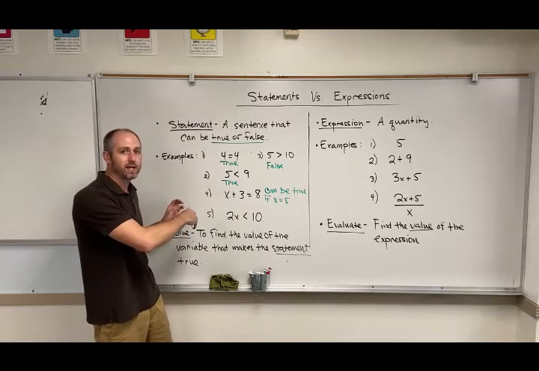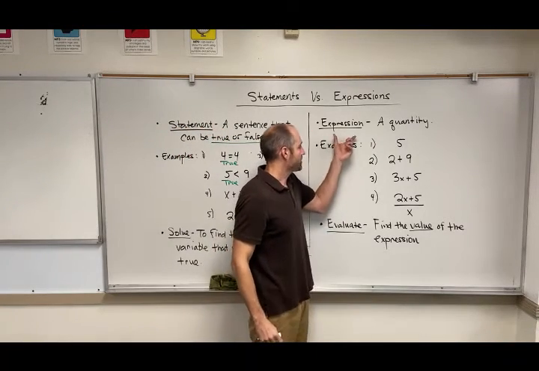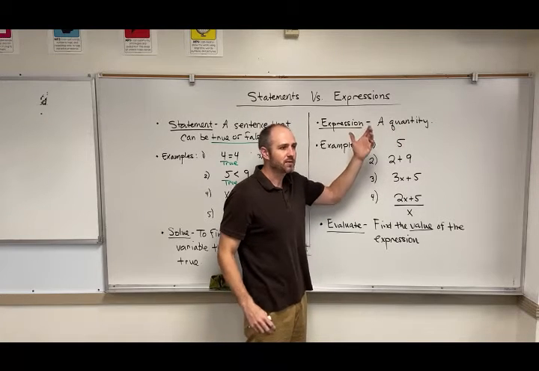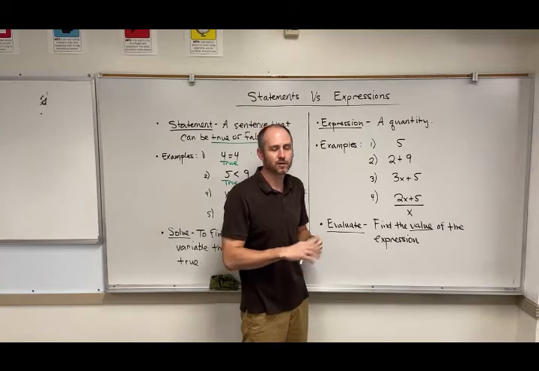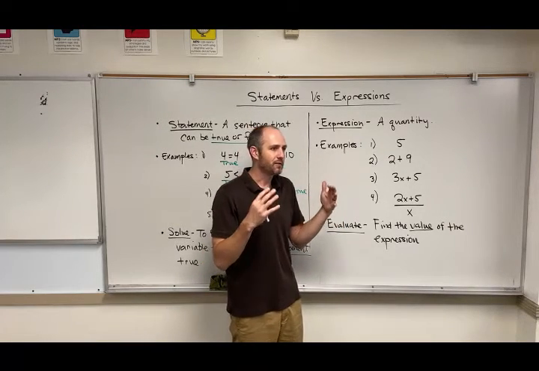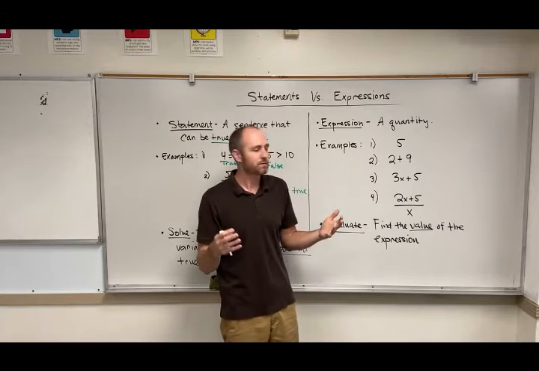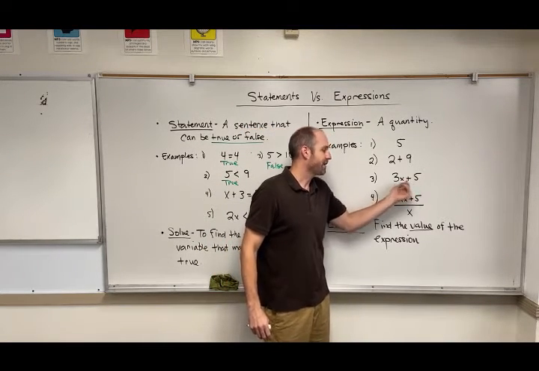All right, now let's contrast that with expressions. Okay, so an expression is a quantity. Sometimes you'll see this defined, if you look it up on the internet or in a textbook, as a finite collection of numbers and operations and variables. So what they're talking about is you can add up some numbers and some variables.